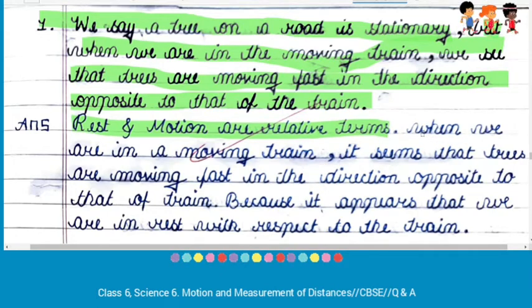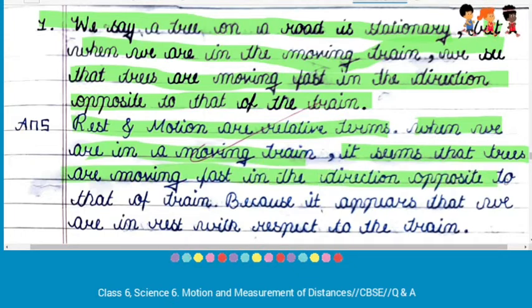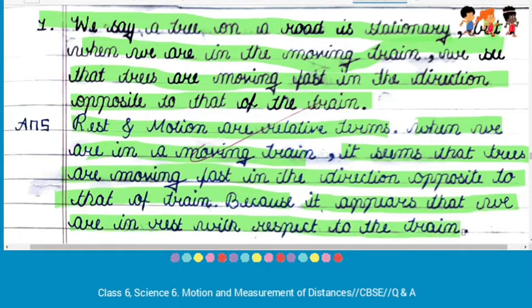When we are in a moving train, it seems that trees are moving fast in the direction opposite to that of the train because it appears that we are at rest with respect to the train.